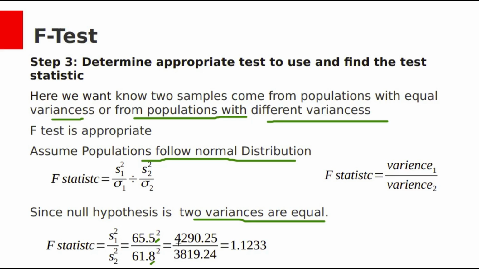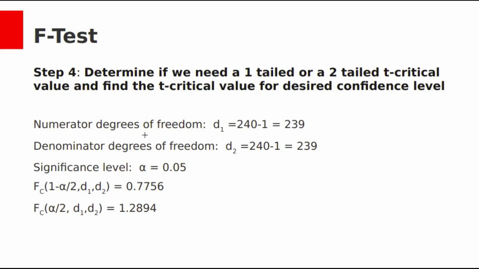Their variances would be 4290.25 by 3819.24, and the F statistic would be 1.1233. To find the critical value, the degrees of freedom for the first batch is 239, and for the second batch is also 239. We choose alpha 0.05.